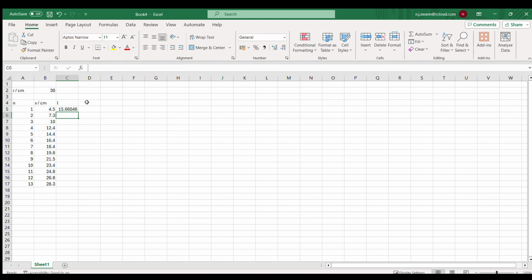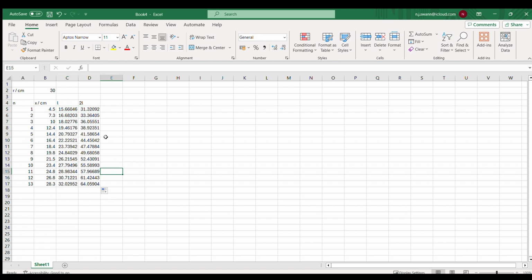There we go. Then I want to times it by 2, so 2L is going to be that times 2. I want to make sure that this grabs that cell B2 on every occasion, so I'm going to put some dollar signs in here and then drag both of these columns down.